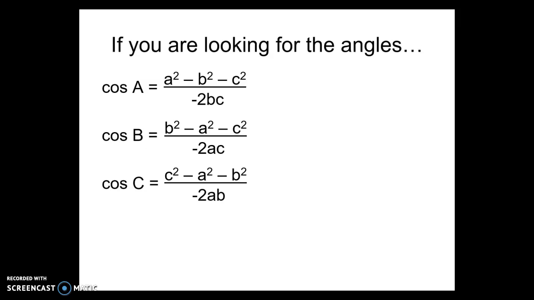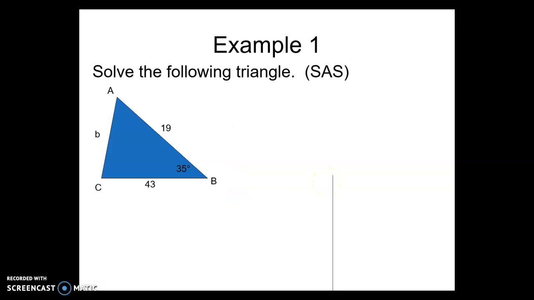Now remember, when you're plugging the numbers in, that's not just the answer. You have to take the inverse function to get rid of the cosine function. So you have to take the inverse cosine of whatever this side is here. Then use your calculator and make sure you're in degree mode, most likely.